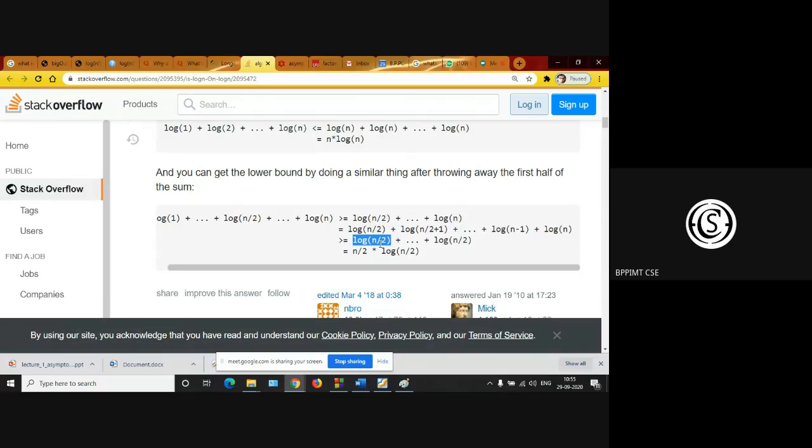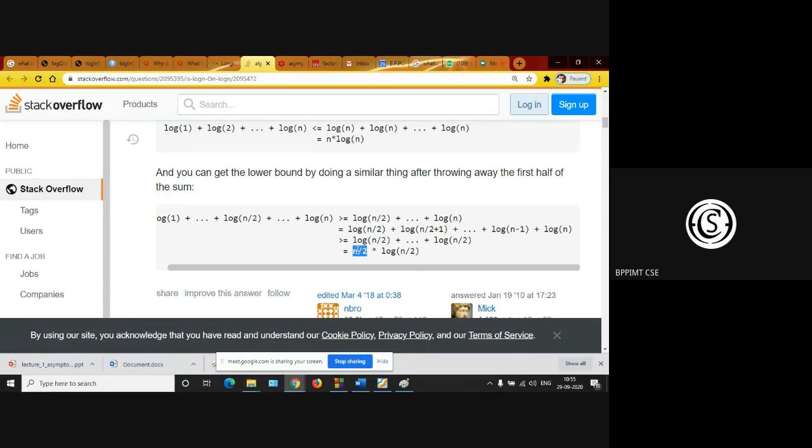So how many entries will be there? We split the whole range by 2, that is, if there are n entries and we divide the whole series of length n, then the length of the half series is n by 2.